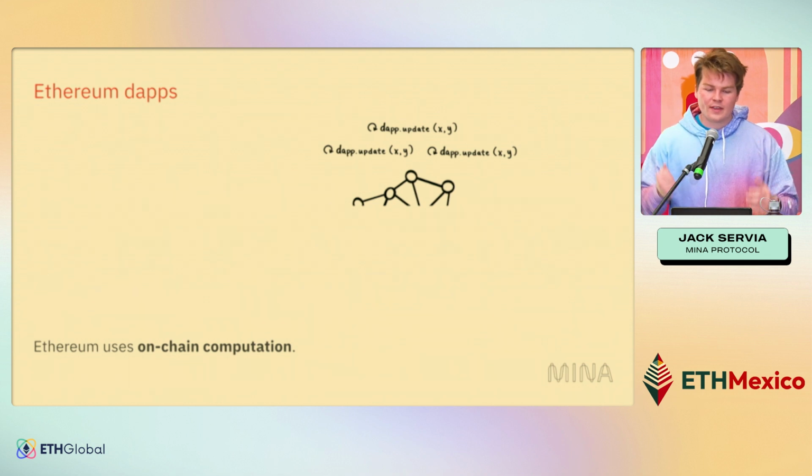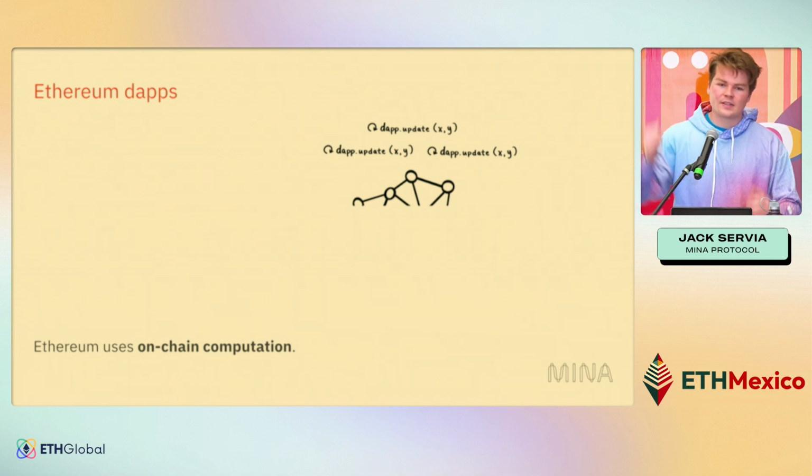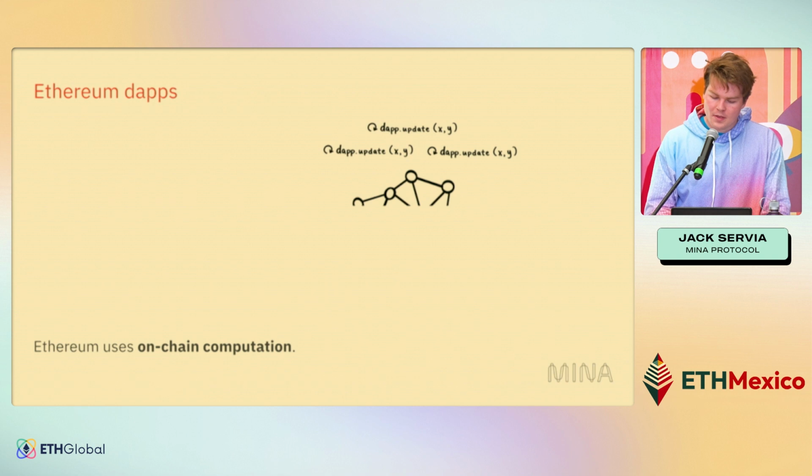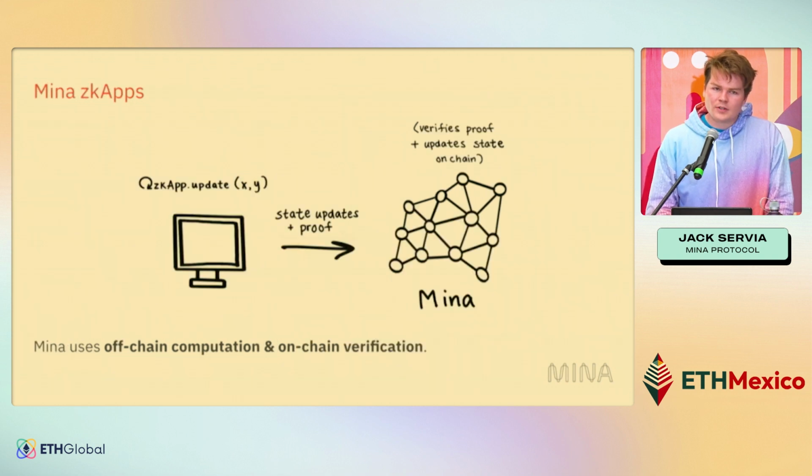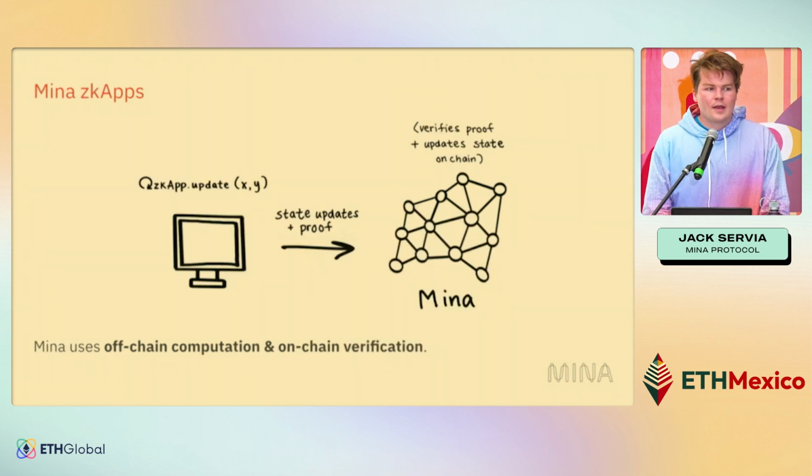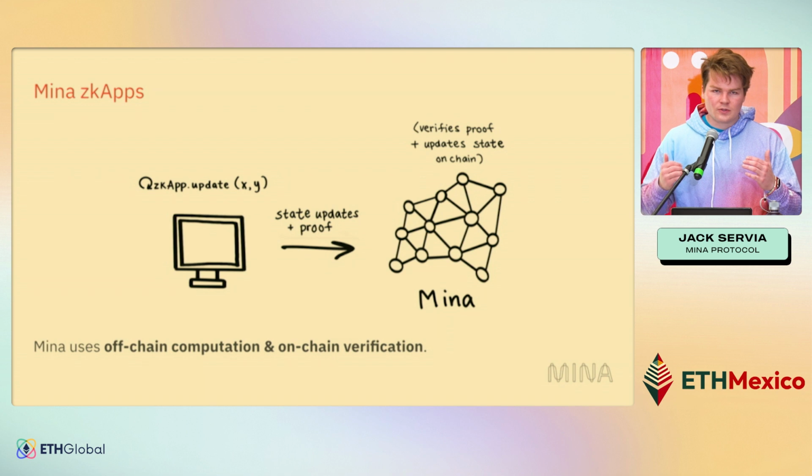And if you want to verify that the current state is true, you take all of these signed transactions and sum up the effects of them. With Mina, the smart contracts actually run off-chain. They live in the user's browser, and they're written in TypeScript. You can think of it as the user just runs the TypeScript code and proves that they've done it correctly, and they send this proof to Mina.